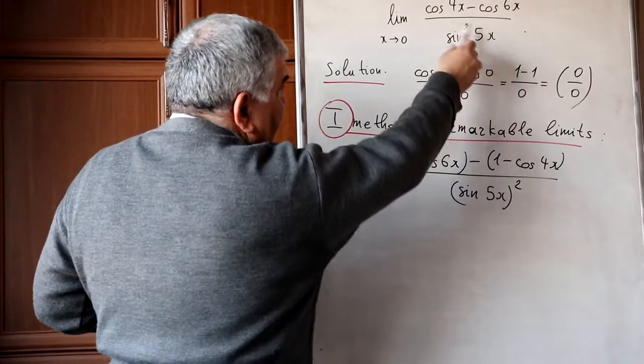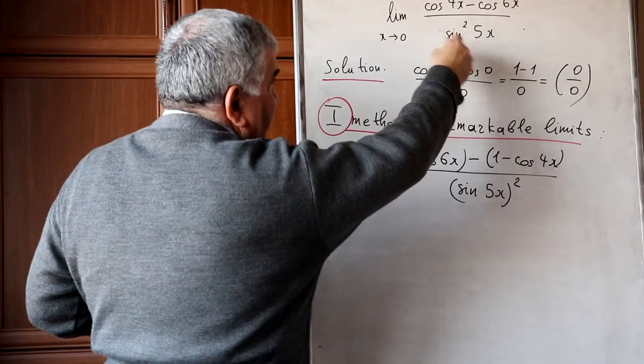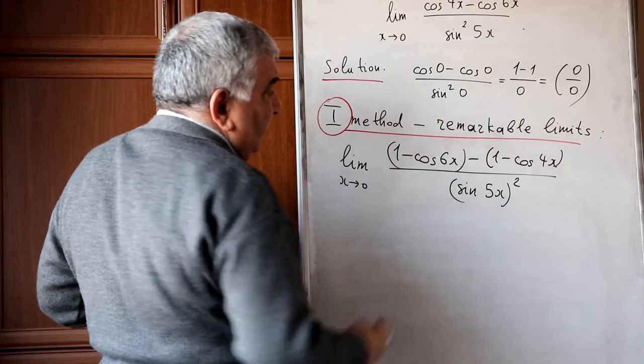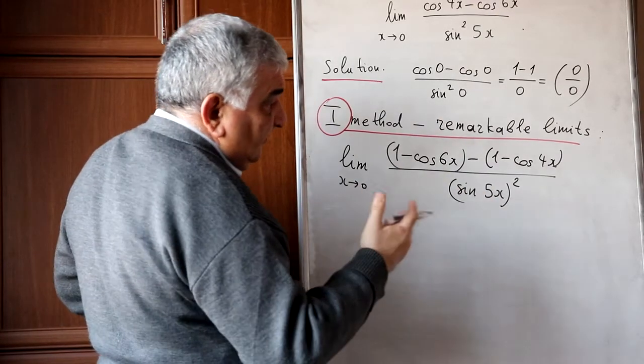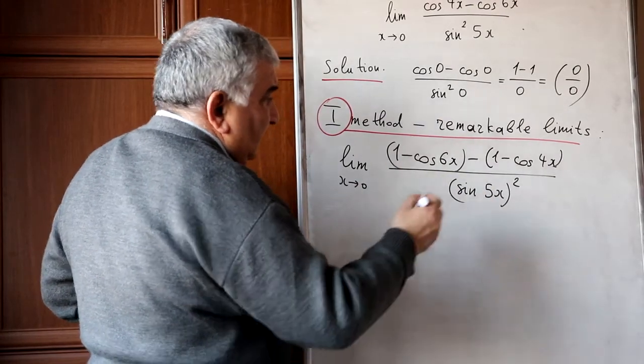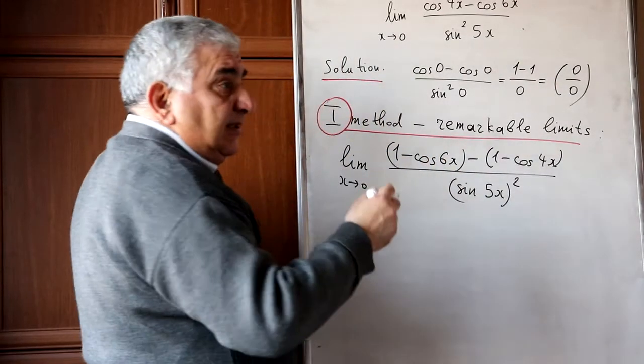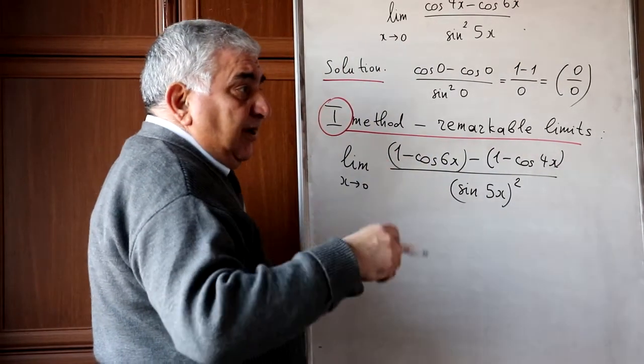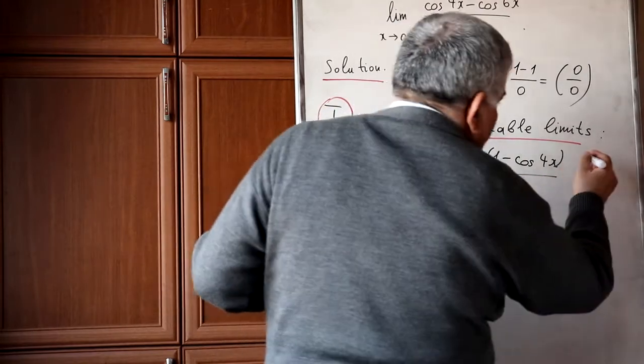We can rewrite the denominator in the following form, then divide numerator and denominator by x squared at the same time.